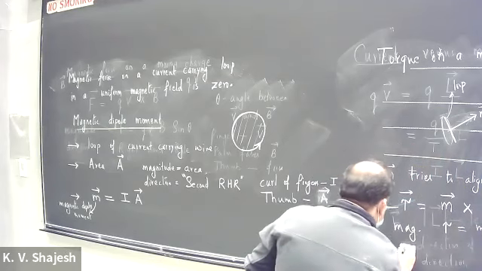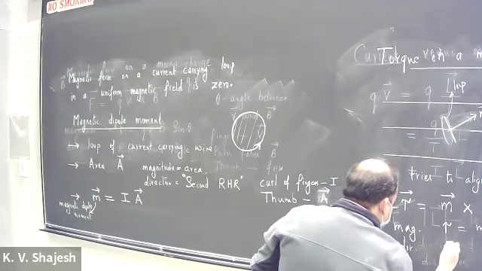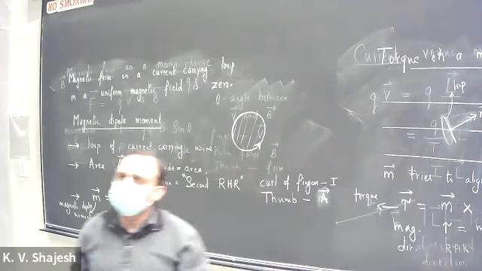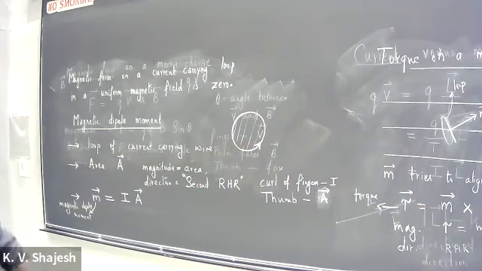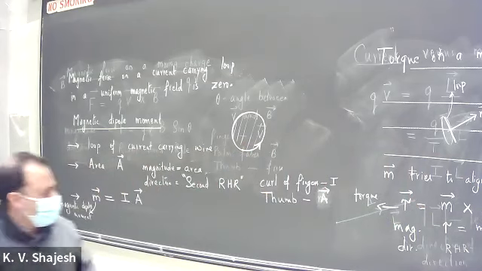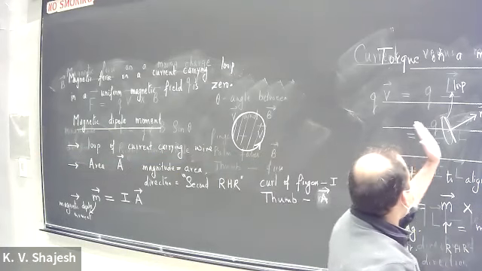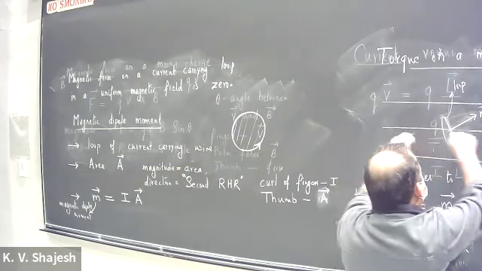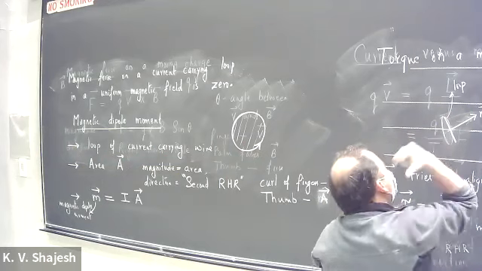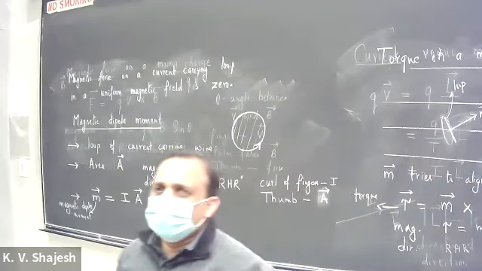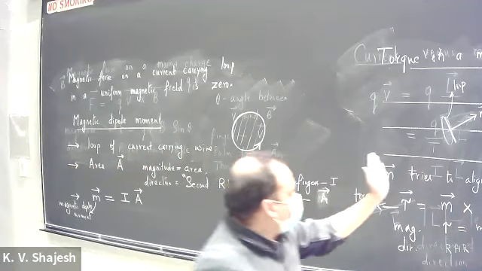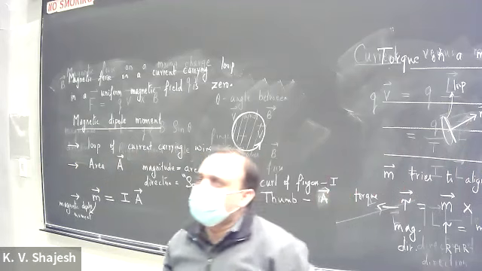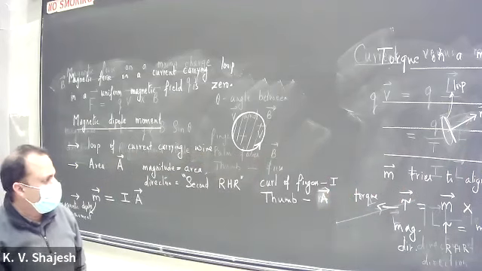And the direction is again the right-hand rule. The first right-hand rule, whenever I say there is no second, I don't write, so it's the first right-hand rule. Again, what you want to keep in mind is that this tries to align itself with that. So it doesn't experience any force in the sense it doesn't move to the right, to the left, top, or to the bottom, but it tries to align itself. So all the forces conspire in such a way that M tries to align with the magnetic field.